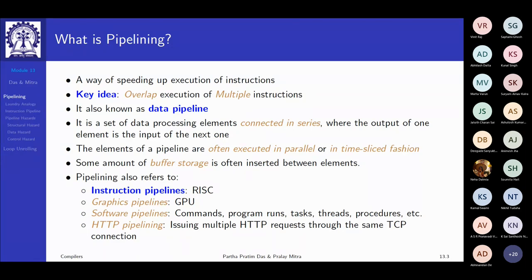In software architecture, we can have pipelines for commands, tasks, threads, and so on. HTTP accesses have pipelines where multiple HTTP requests go through the same TCP connection. But we will focus primarily on the instruction pipeline.